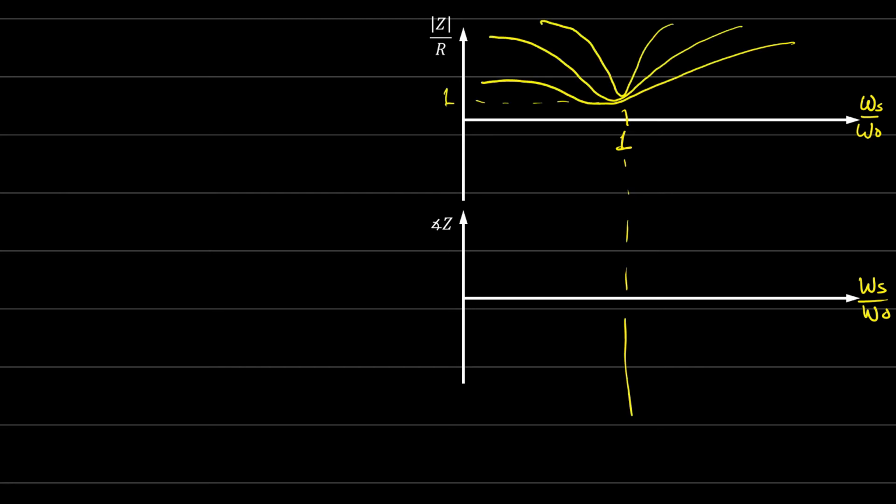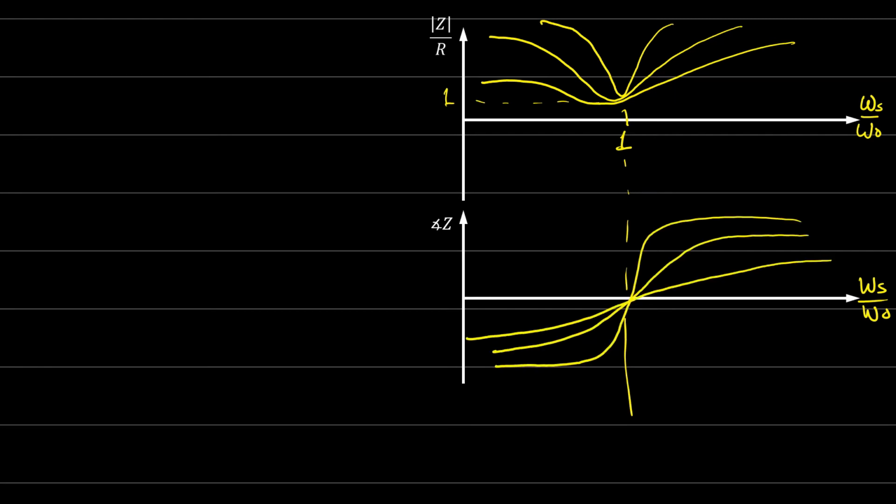If you try to draw the angle of this, it will be something like this. So the start will be narrower, and here it can be wider. Now this value here, Q value increases. Okay, when Q increases means we have what? We have narrower shape for Z over R.